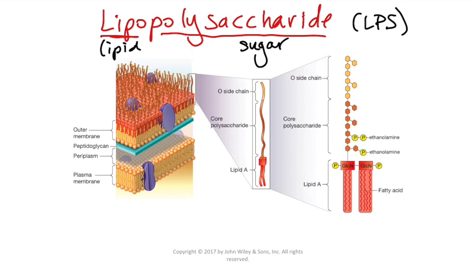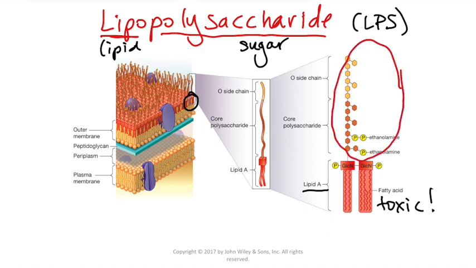The lipid portion is made up of what's called lipid A. This lipid A is what anchors LPS into the outer membrane. And this is also the toxic component of LPS. When you have a bacterial infection and you get a fever, if you've been infected with a gram-negative bacteria, it's usually the LPS.